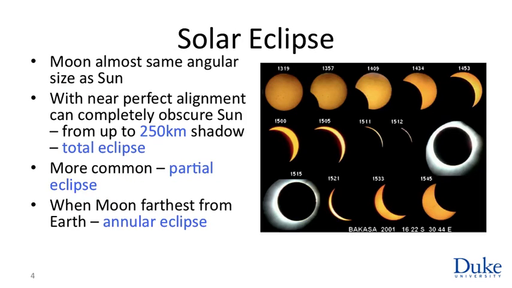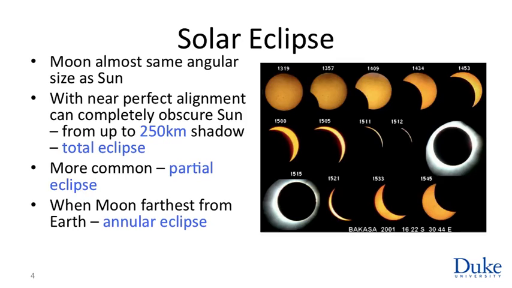The ratio of their sizes is almost precisely the ratio of their distances, so that both the moon and the sun appear in the sky to be about the same size. An interesting coincidence. What this allows is when you have perfect alignment during new moon, the moon is able to completely obscure the sun when you superpose 2 disks of the exact same size in the sky.